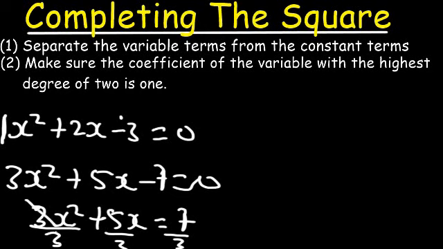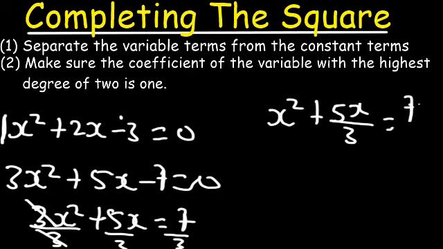So the 3 cancels, and you should be left with x squared plus 5x over 3 equals 7 over 3. So here is how your expression is going to become. Whenever the coefficient of the variable that is raised to the power of 2 is not 1, make sure you turn it to 1. Alright, good. Now the last thing you need to know is this.